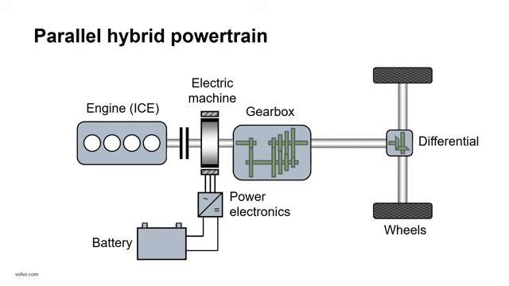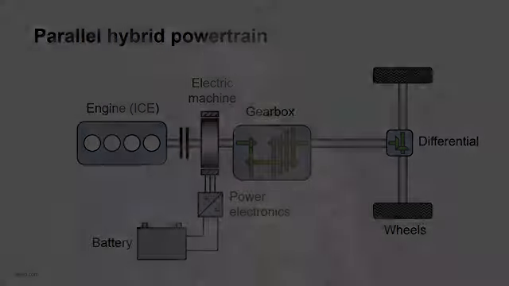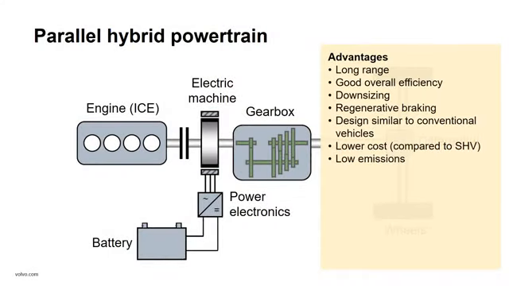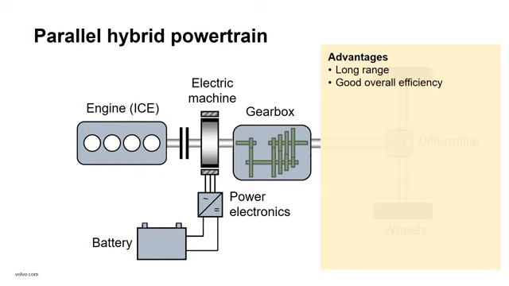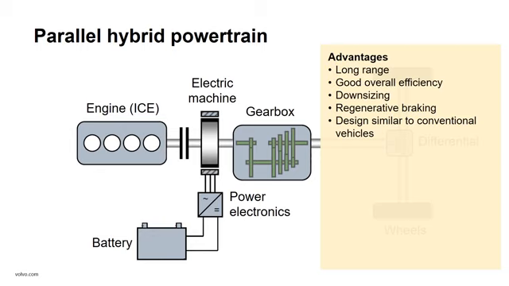A parallel hybrid is a vehicle that can switch between propulsion from a combustion engine and an electric machine, or use both concurrently. There are some advantages as long range, good overall efficiency, downsizing opportunities, regenerative braking, design similar to conventional vehicles, lower cost compared to serial hybrid vehicle, and low tailpipe emissions.